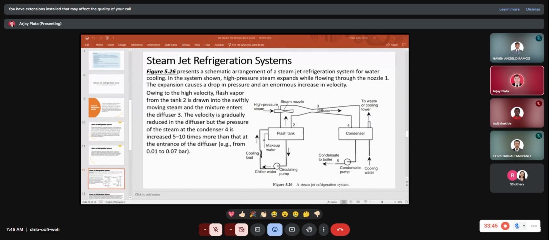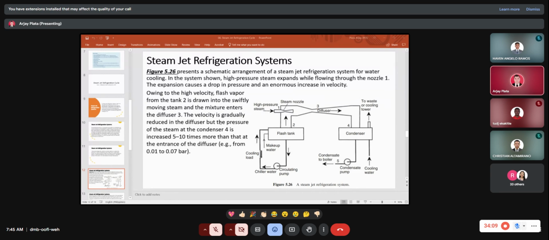So papasok sila dito sa diffuser. Yung nag-evaporate na steam, it will enter the diffuser 3. The velocity is gradually reduced in the diffuser. So mababa na yung velocity ng steam dito sa diffuser.